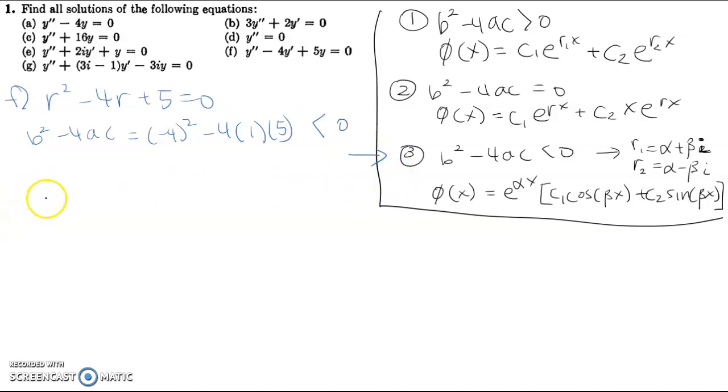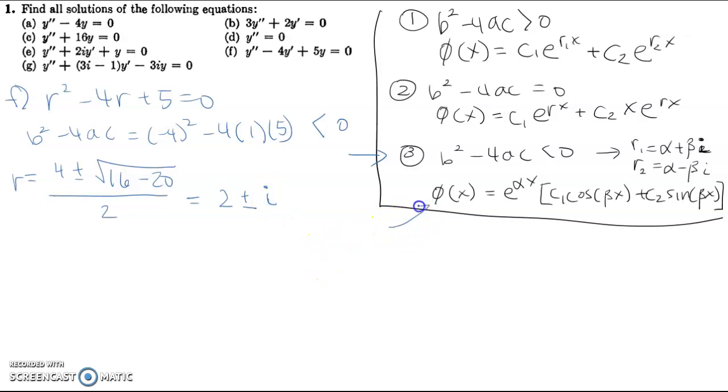I think we should solve for r, so we can use the quadratic equation. So r equals negative b, that's negative of negative 4, which is going to be positive 4, plus and minus the square root of 16 minus 4 times a times c, that's 20, all over 2. So this is going to be 2 plus and minus, that's negative 2i, just 1i.